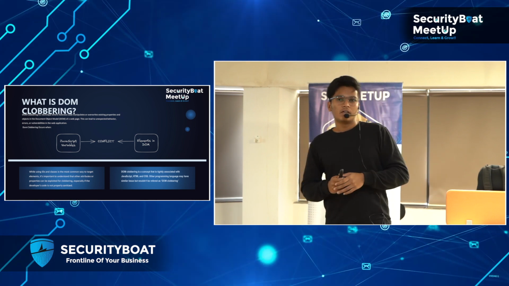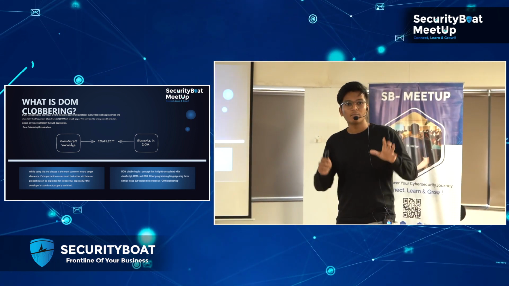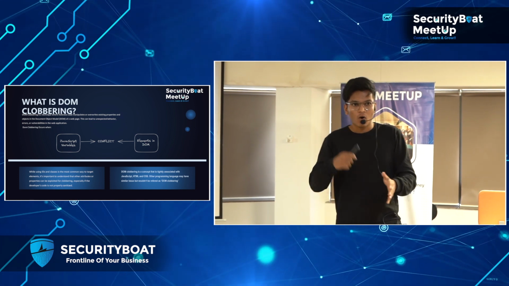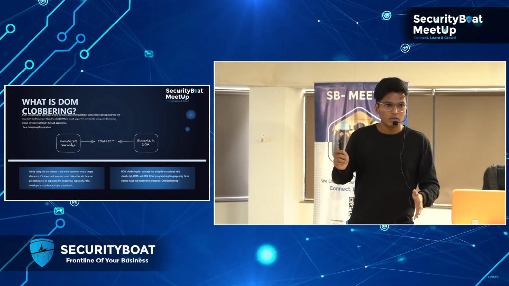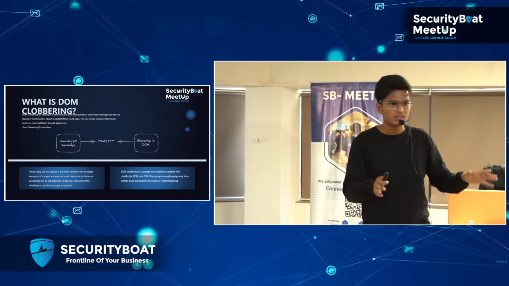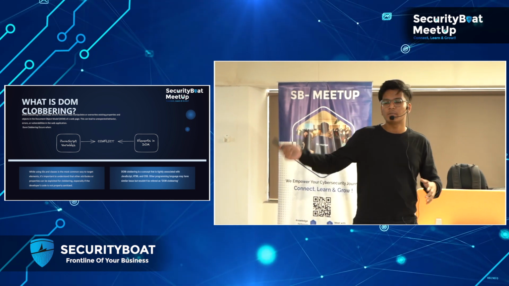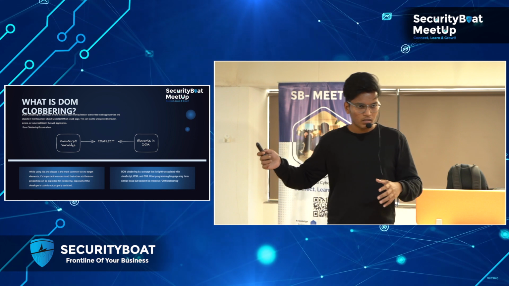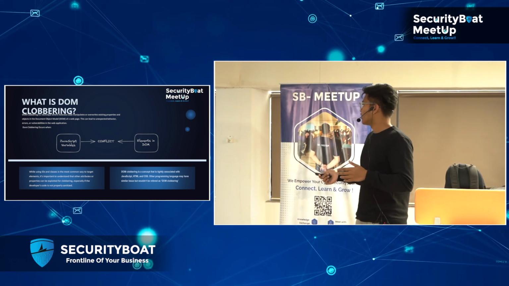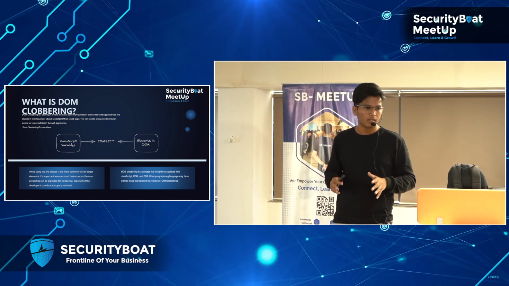DOM clobbering is nothing more than malicious code which overrides the existing properties of the DOM. We use variables and objects in the HTML code, and we assign certain properties through JavaScript, like this button will be blue, this button will be red. But when we do DOM clobbering, JavaScript variables and elements in the DOM have a conflict between them.